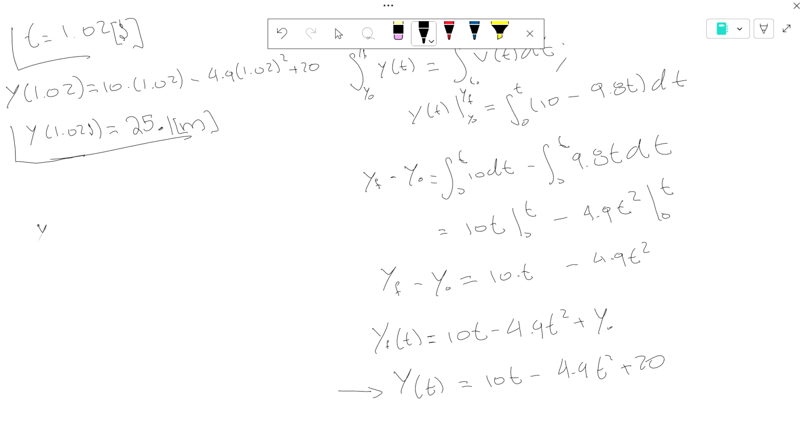So all we need to know is y equals 0 equals 10 times t minus 4.9 t squared plus 20. That's equal to 0. So we have to find t. It's going to have t1 and t2. It's two roots. We'll see which one is the one we need.